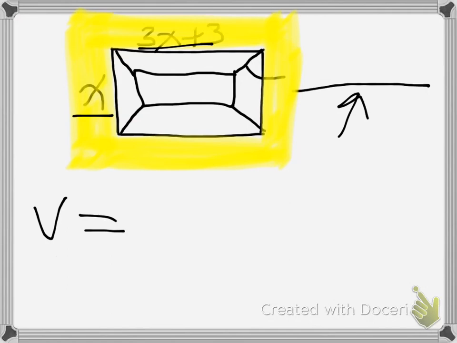The volume of anything is usually, just to give you a very good hint, you multiply three things together. And you're not going to come up with a number. It's going to be a polynomial expression, and you're going to have to determine how to multiply them together. I don't think they want you to just write down what you would do. They actually want you to multiply them out and then give that to me in your answer.